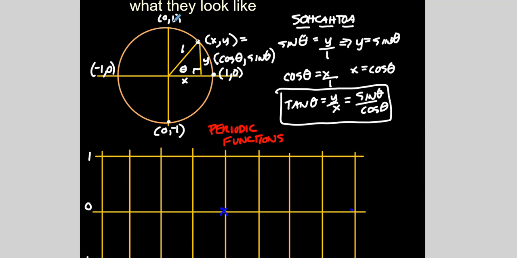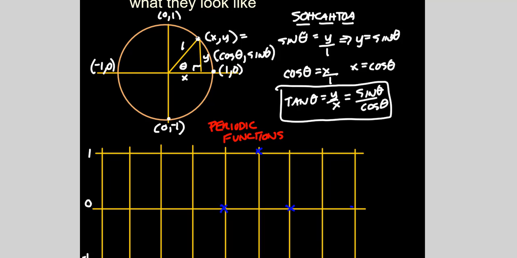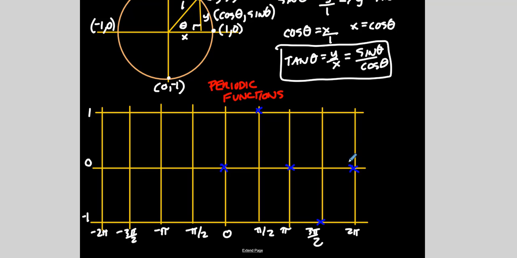At pi over 2 or 90 degrees, sine is 1. At 180 degrees or pi radians, it's 0 again. At 3 pi over 2 or 270 degrees, it's negative 1. And then at 2 pi, it goes back to 0. And it would continue to do this forever.